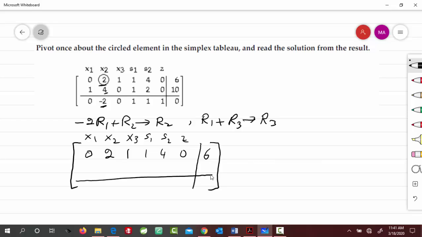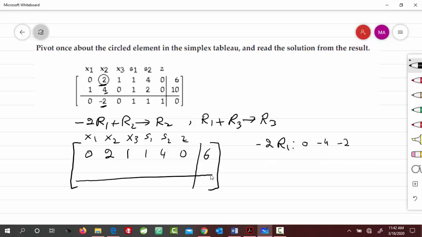Now the first operation: negative 2 times row 1. That would be multiplying each element by negative 2. So negative 2 times 0 is 0. Then negative 2 times this 2 is negative 4. And negative 2 times 1 is negative 2.